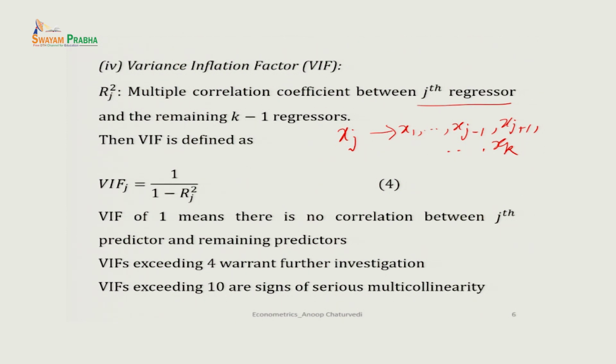If we run the regression, then VIF is defined as VIF j equal to 1 upon 1 minus R j square.